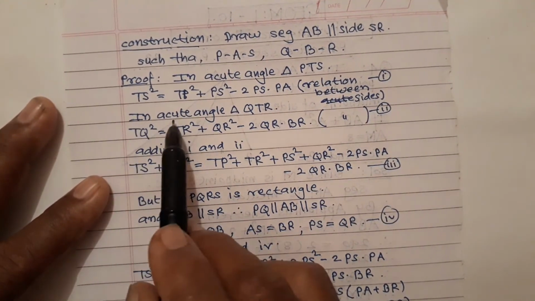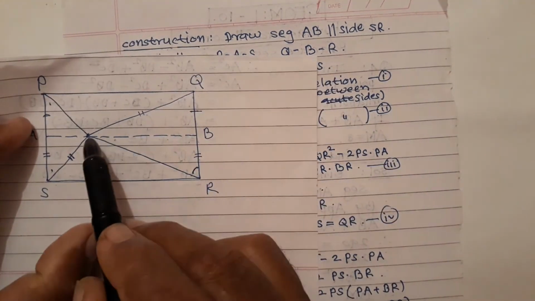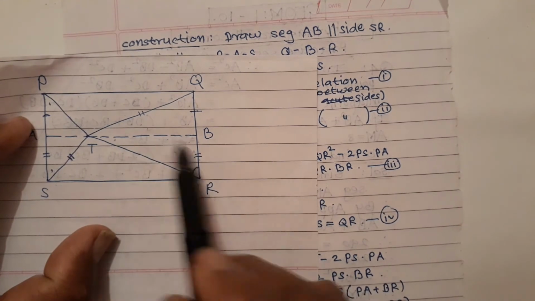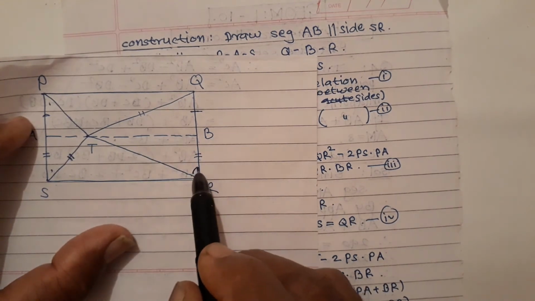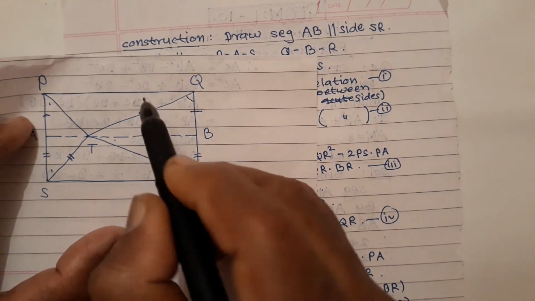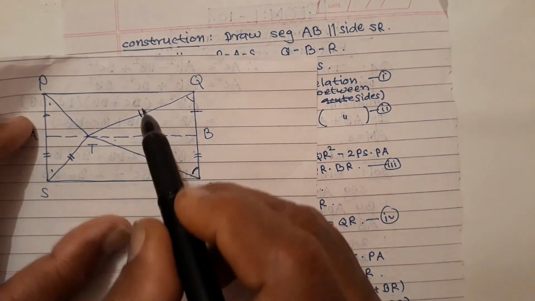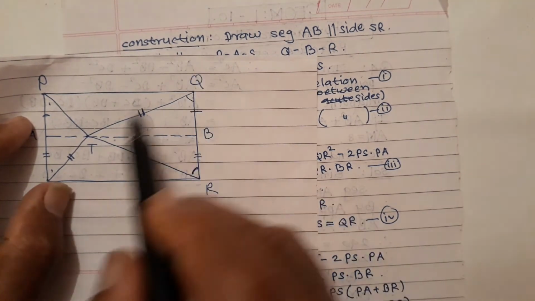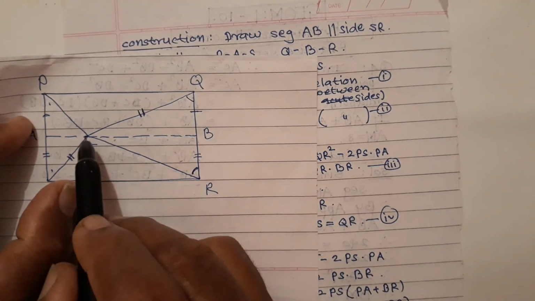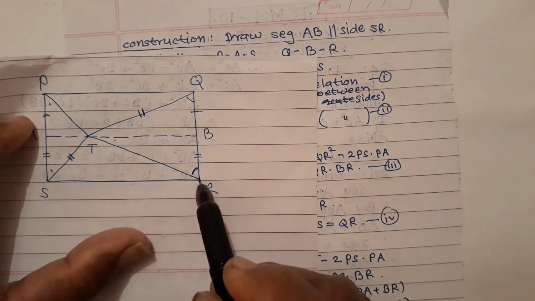Similarly, in acute angle triangle TQR, this TQR is also an acute angle triangle. This angle is acute, this angle is acute. Now this side is opposite to this acute angle, and therefore you write the relation TQ square is equal to the remaining two sides, TR square plus QR square.